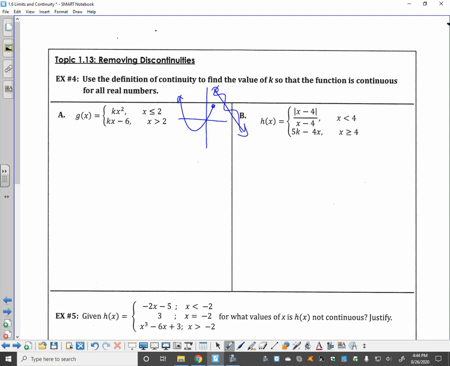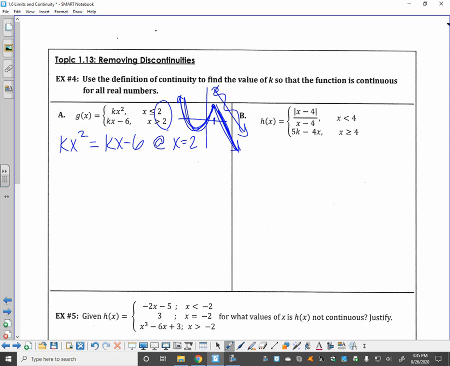But sometimes they meet. But it's still two pieces of a function taped together. So what I need is for this piece to equal this piece at that spot. Just that spot. So here's what I need. I need kx squared to equal kx minus 6 at the break, x equals 2.